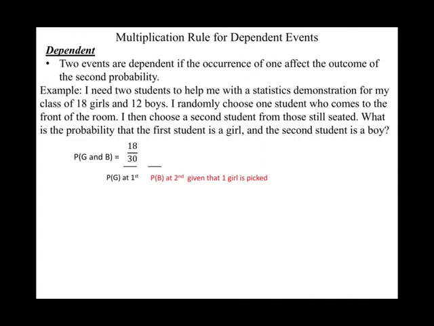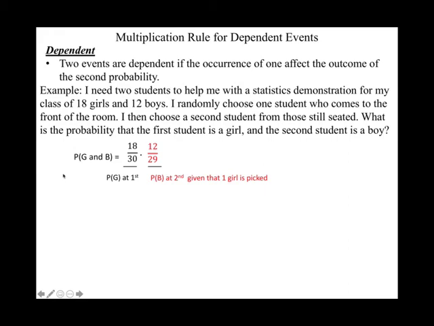This is under the situation that one girl is already picked, so the total number of students will become 29, right? Only 29 students. And then we want to find the probability of a boy. So it's going to be 12 over 29. And we call these dependent events because the second probability is affected by the previous one.